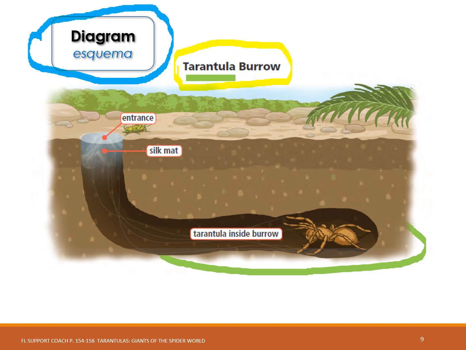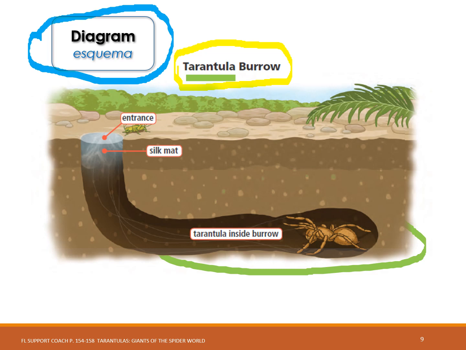Then we have a silk mat. Well, I know that I walk on a mat, and I see that it's made of silk. It's not solid. You can kind of see through it a little bit. Then there are these little threads coming down from the silk mat to the tarantula, and it says the tarantula is inside the burrow.